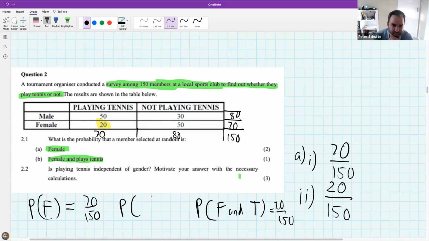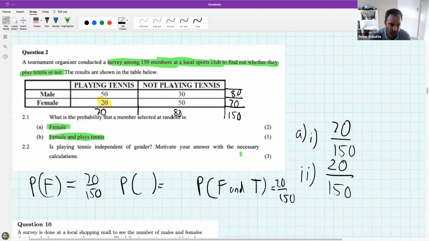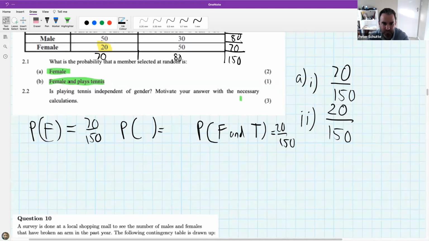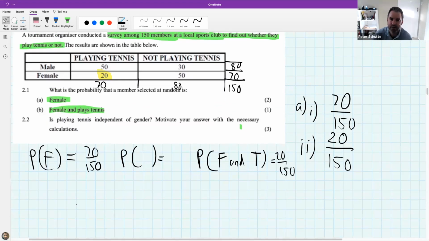What is the thing that I need to work out over here to help me check whether these are independent of each other? What do you think is going to go in here? It's going to be T, yes. So this is going to be the probability of playing tennis.